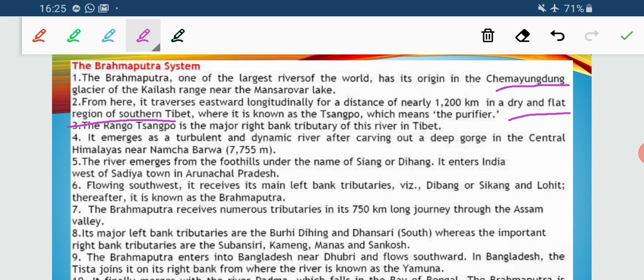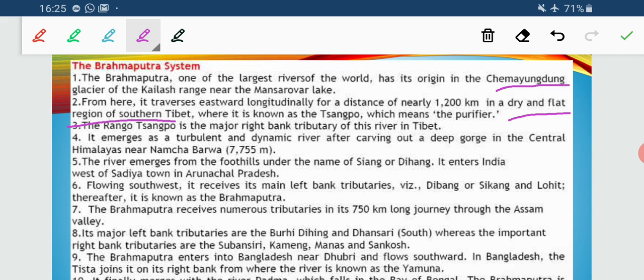Now, Sangpo, the Tibetan word, means the purifier, that means here the water is entirely pure, totally devoid of any impurities. Now, the Kango Sangpo is the major right bank tributary of the river in Tibet. Now, it emerges as a turbulent and dynamic river. Why?